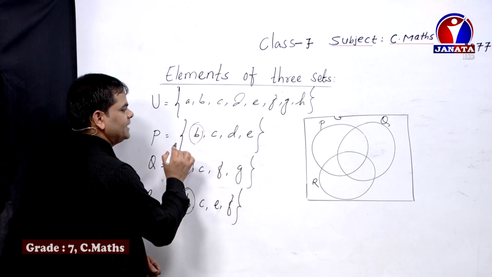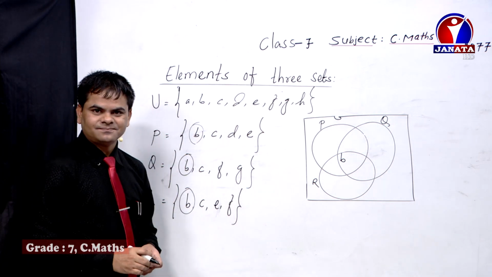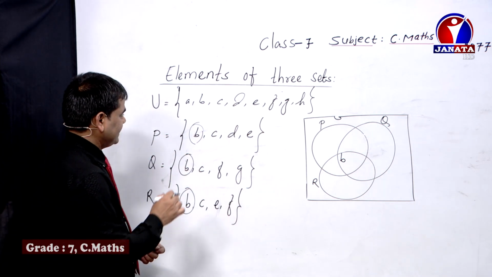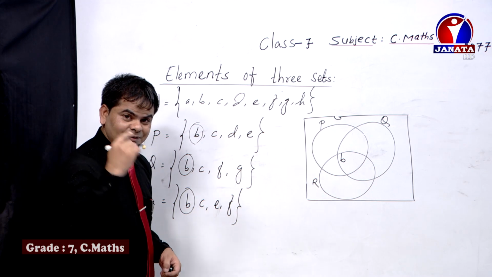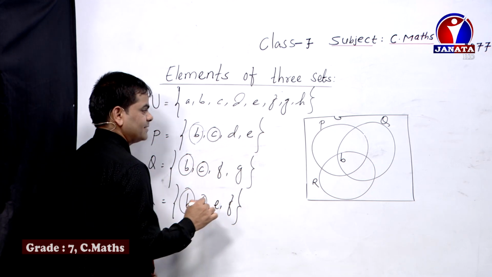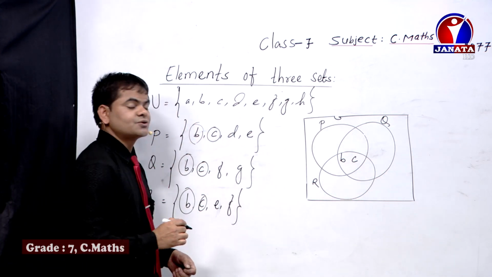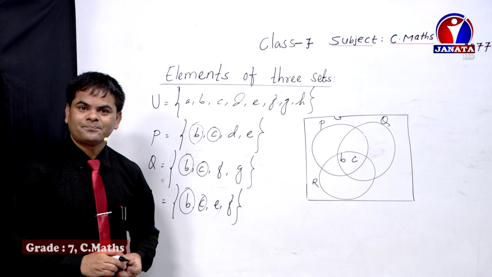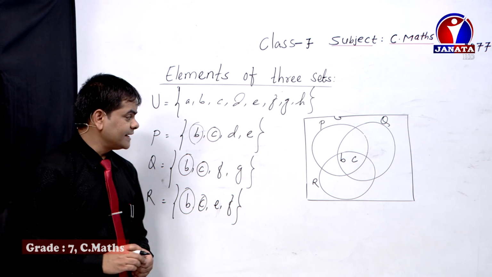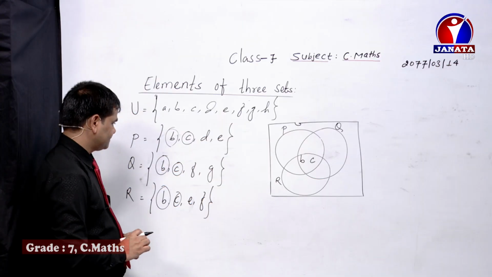That means B will come in the common area of all 3 circles. Now, if you see the C, here is also, here is also, here is also. It means this one also should be plotted in the common area, the concentric area of all the 3 circles.